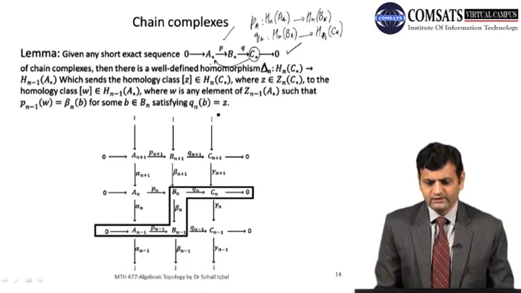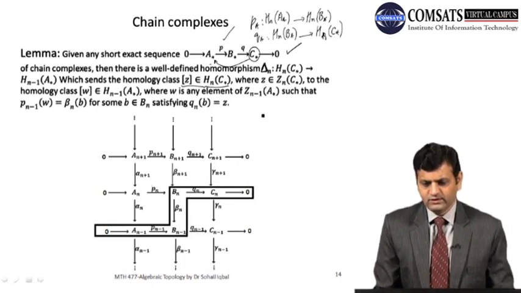Suppose I have an element in this homology group, such that Z belongs to Zn C star, since we know that Hn C star is equal to Zn C star quotient Bn C star. So we can say that this Z is an element of Zn C star, and we have Z over here.